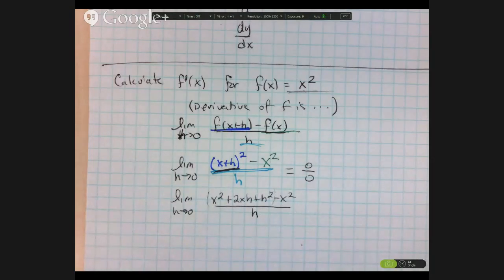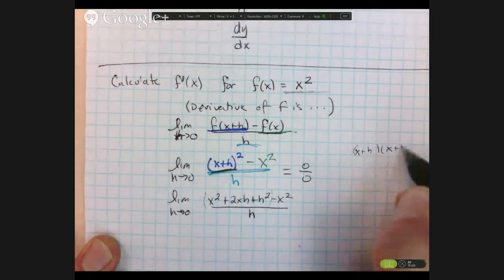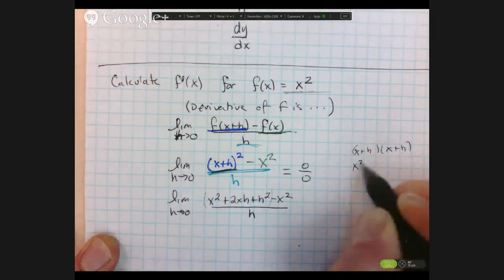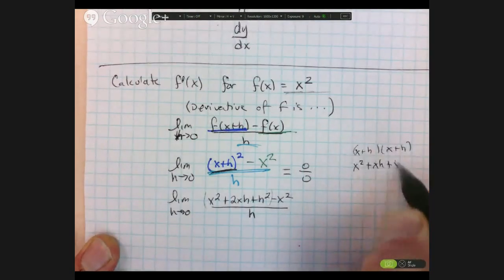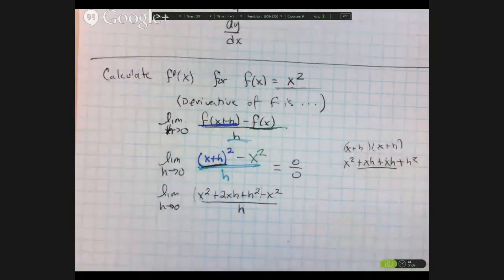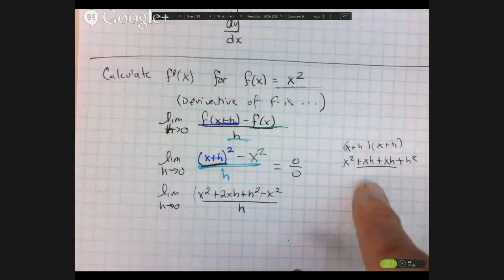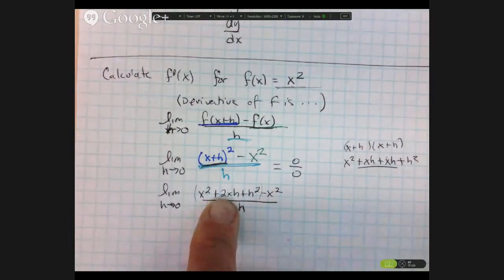It's x plus h times x plus h, right? So we get x squared plus xh plus xh plus h squared. So there are two of them. If you expand it, I just skip that step. That's where I get two xh's.